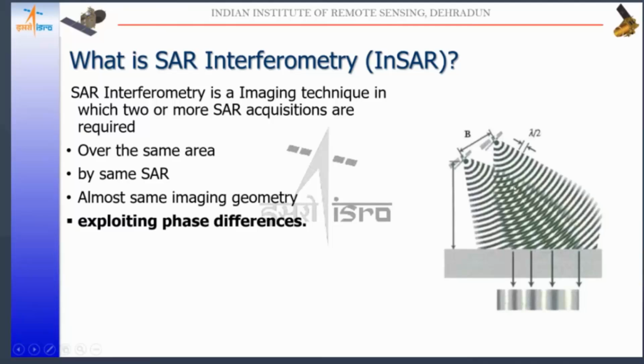These waves will superimpose on each other, and interference will happen between them. From this interference we use the phase, and that phase has a relation with the range as well as the target height. From that phase we will derive the terrain height of the different features of the Earth surface.